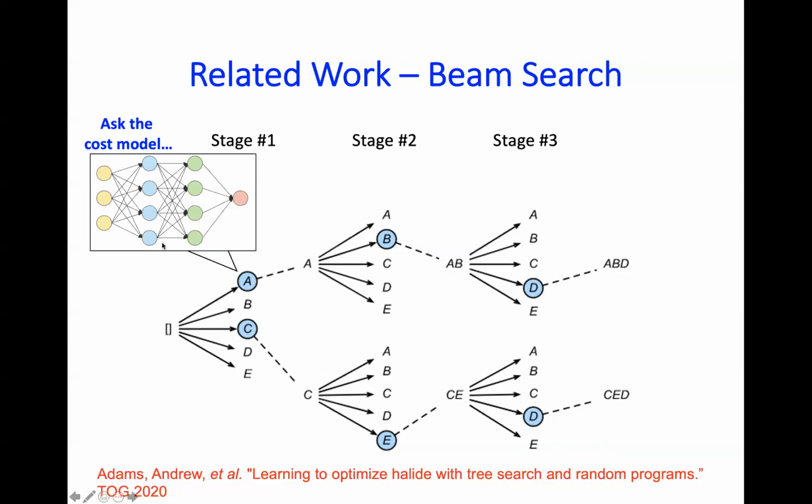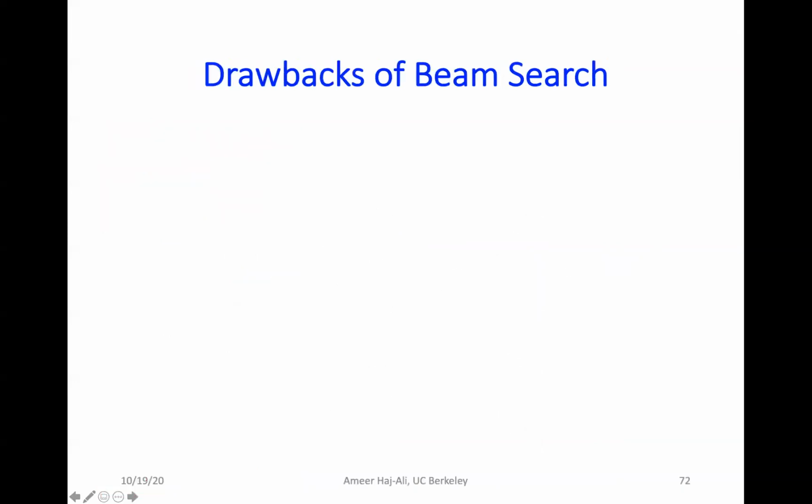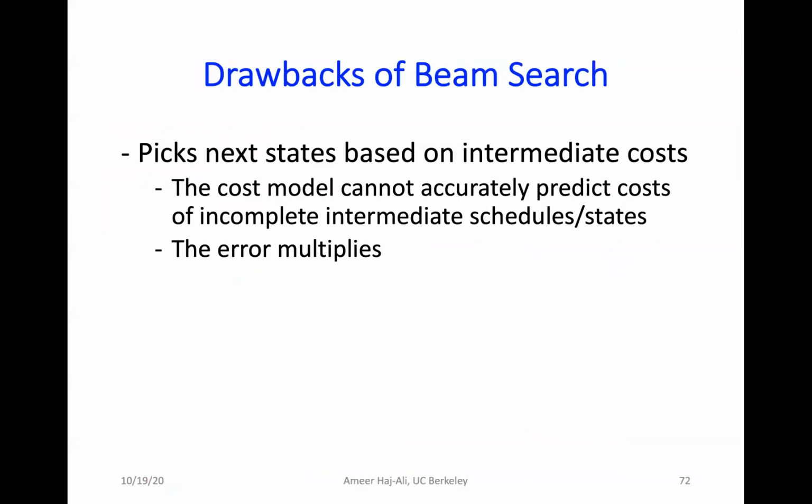It builds a cost model that tries to predict how long it takes to run each program. Then, from these candidates, it generates the program, and from this program, we generate the next possible optimizations. We sort them, we pick the top K, and we keep repeating this process until reaching the end. The drawback, though, of using beam search is that it only picks the next states based on intermediate costs.